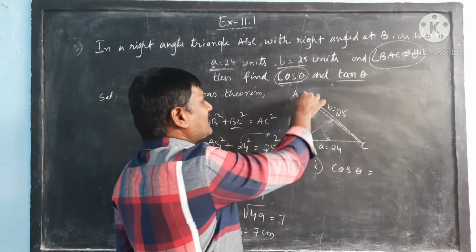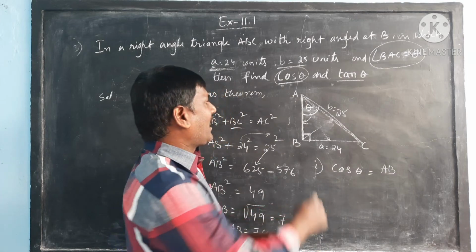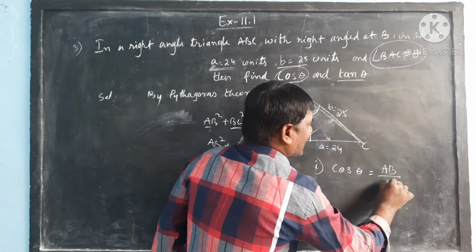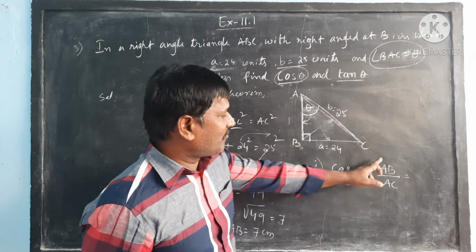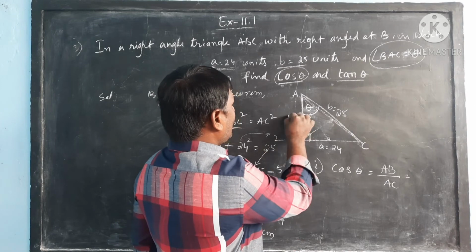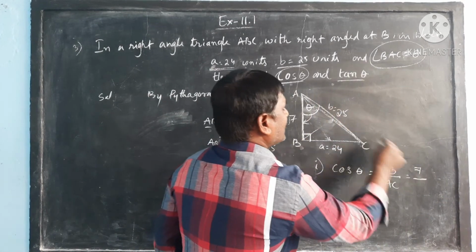The side adjacent to theta is AB, and the hypotenuse is AC. Substituting the values, AB is 7 centimeters and AC is 25, so 7 by 25.